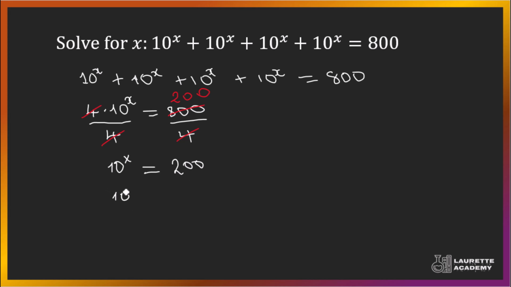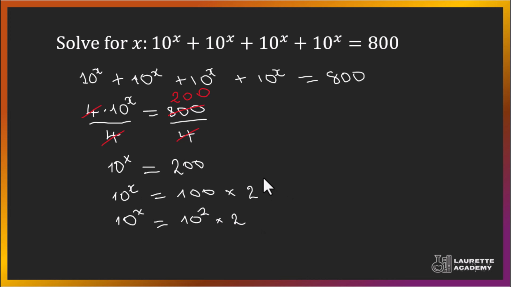which you can write as 10 to the power x is equal to 100 times 2, which is the same as 10 to the power x is equal to 100 is 10 to the power 2, 10 squared. So we write 10 squared times 2. Okay, so how do we go about solving this?